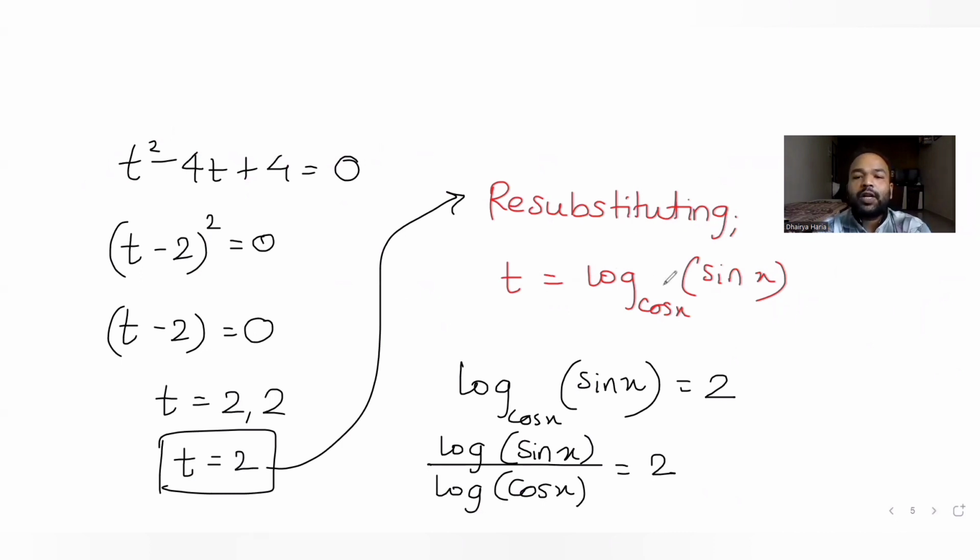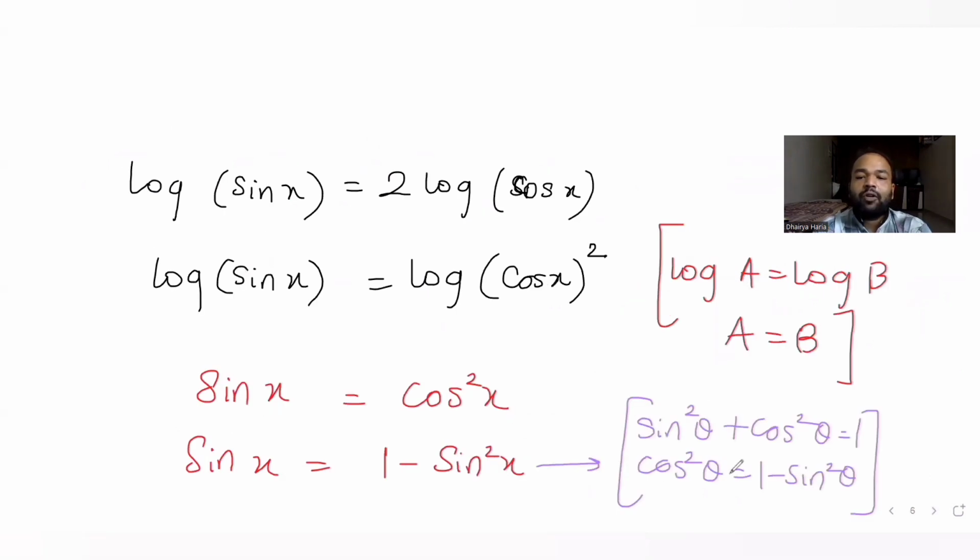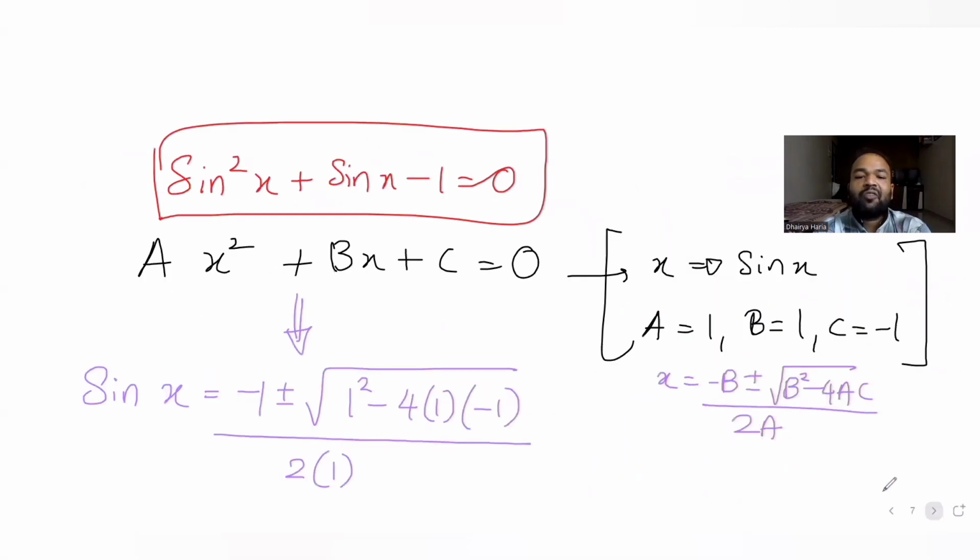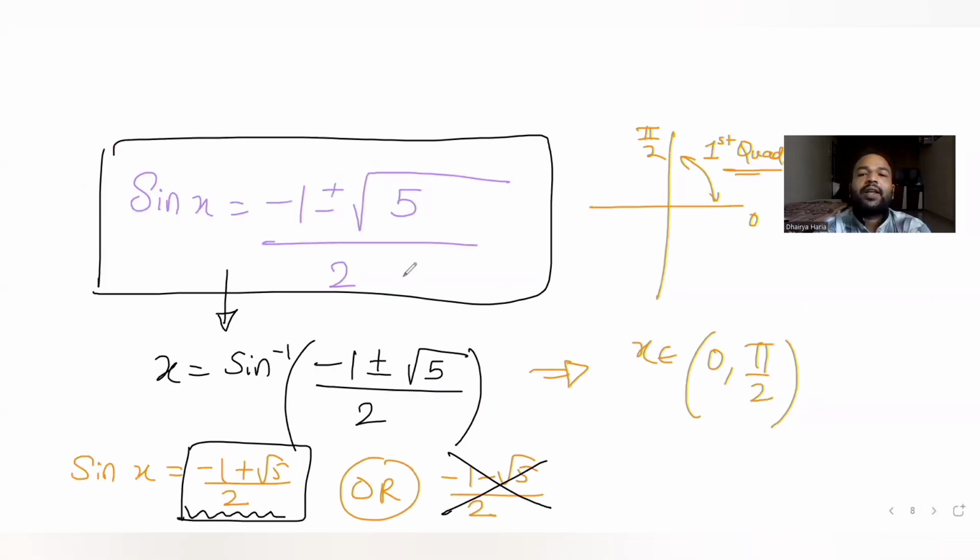We resubstituted t as log of sine x to the base cos x. And further, after solving that, we again got a quadratic equation in terms of sine x that gave us, by the formula method, two values of sine x. We rejected one value of sine x because in the first quadrant, where x was given, sine theta or sine x won't be negative.